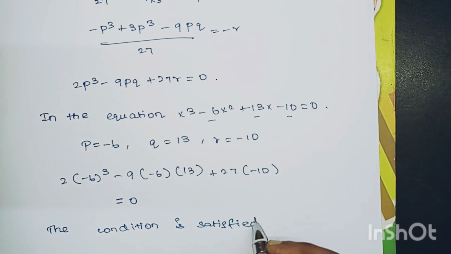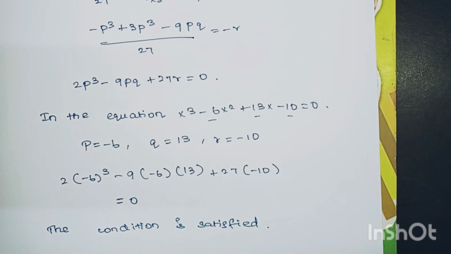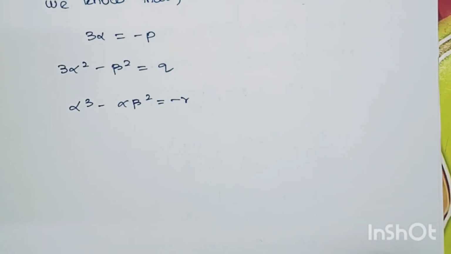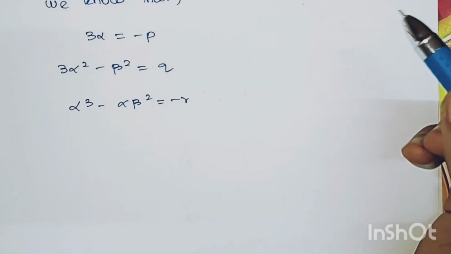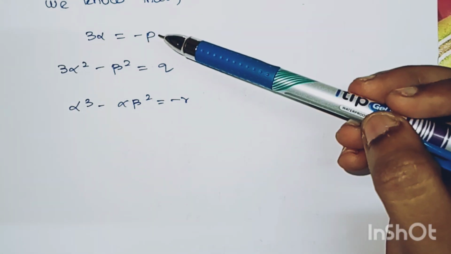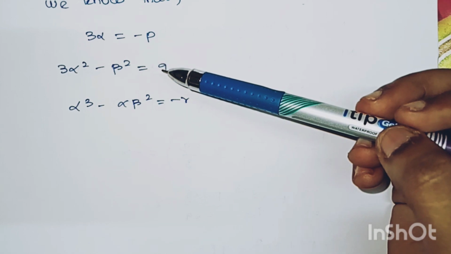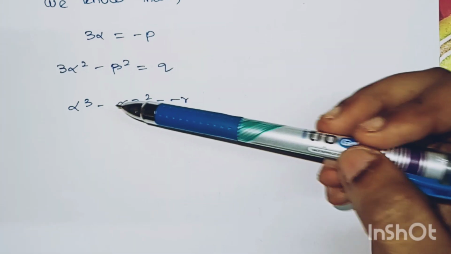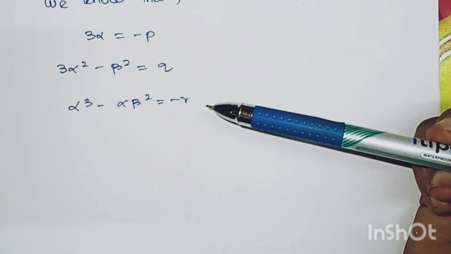So now we need to find the roots of the equation. We know that 3 alpha is equal to minus p, 3 alpha square minus beta square is equal to q, and alpha cube minus alpha beta square is equal to minus r.